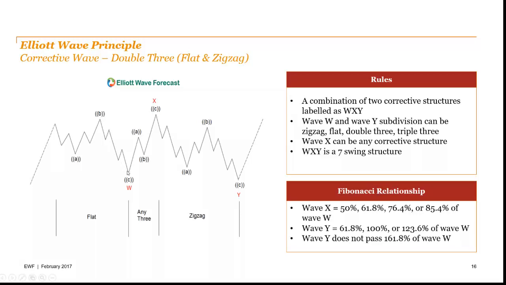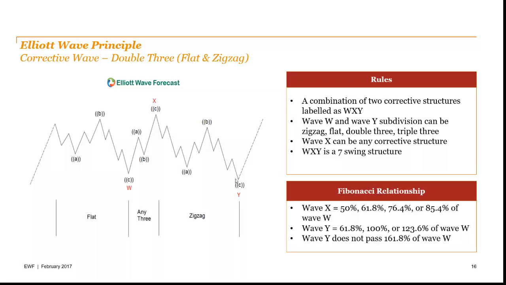On the right side, from here to here, you got a zigzag, right? A 5, 3, 5 is a normal zigzag. So you have a flat on the left side, a zigzag on the right side, and you combine these 2 different Elliott wave corrective structures together into one, then you got what you call a double 3.